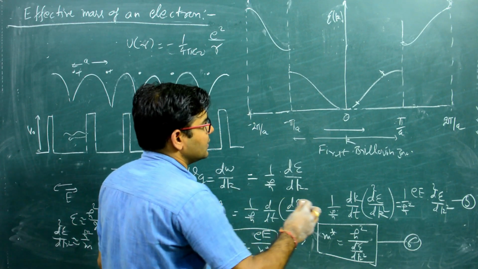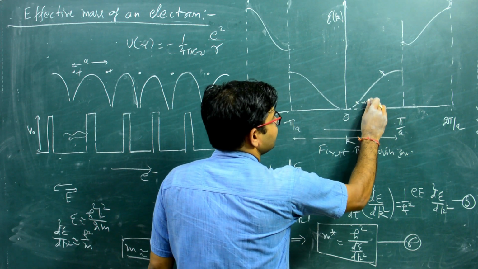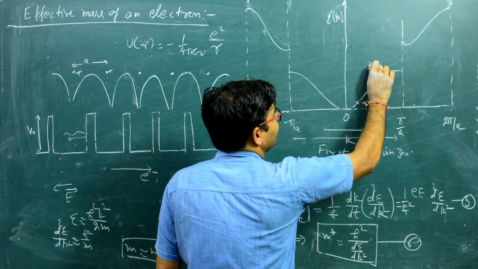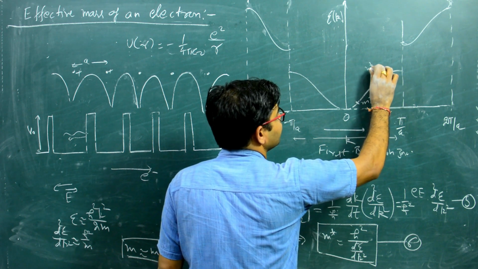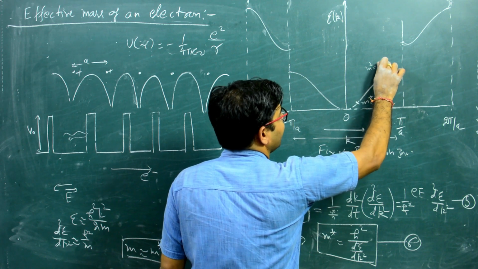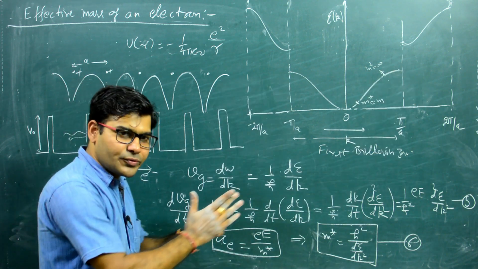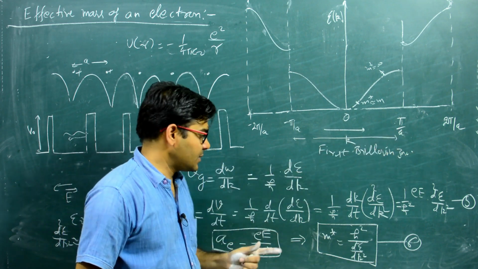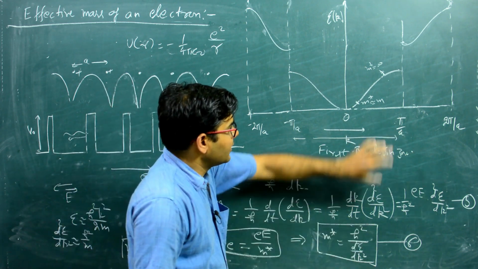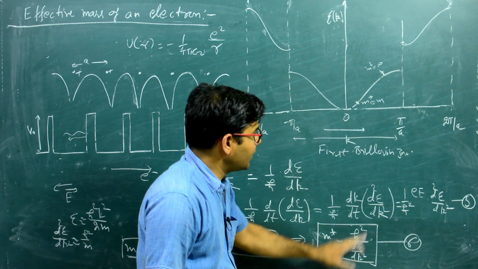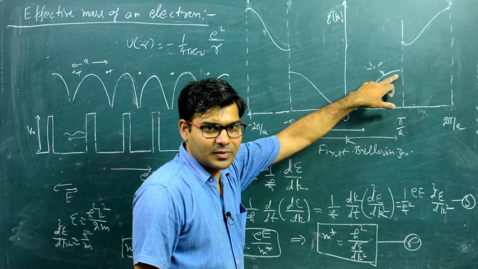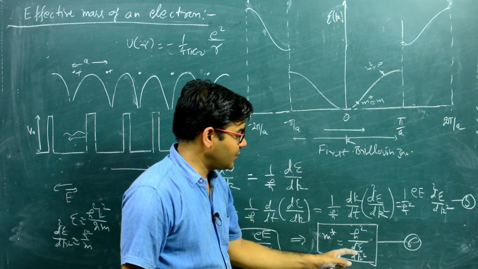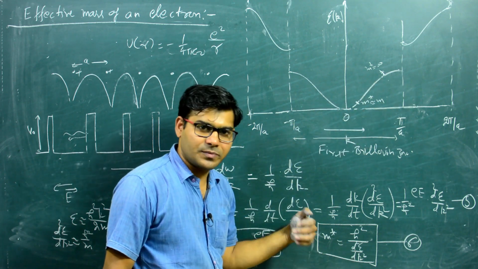Now if we go on further, here I have just concluded that m star is almost equal to m. Here m star is infinite, and if we go very close to k equal to pi by a, then d2 epsilon by dk2 from the graph becomes negative, because it is a maxima here, and for a maxima we know that d2 epsilon by dk2 has to be negative.